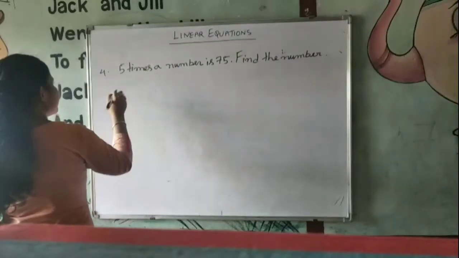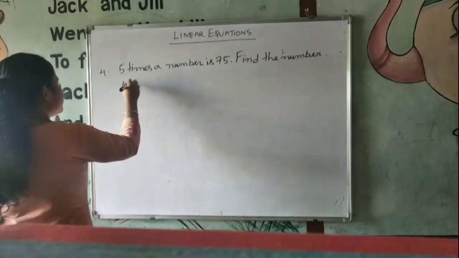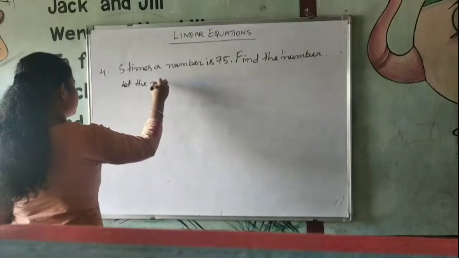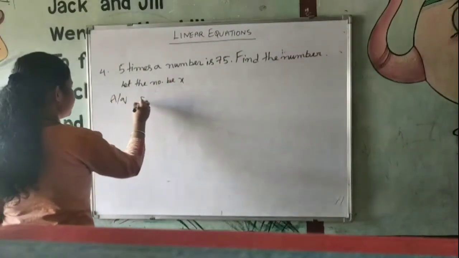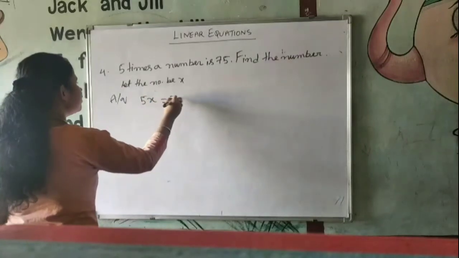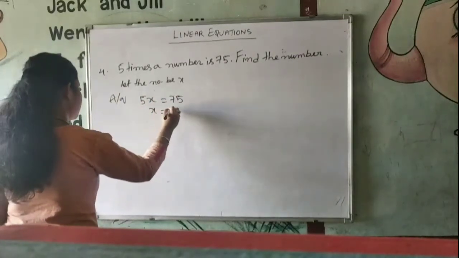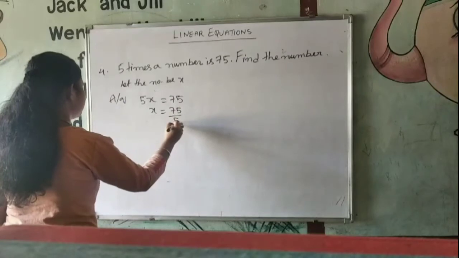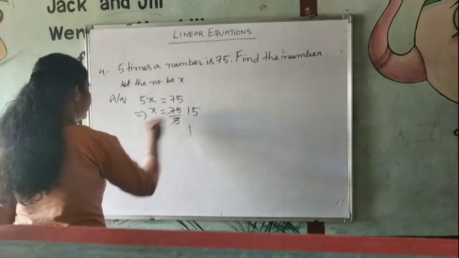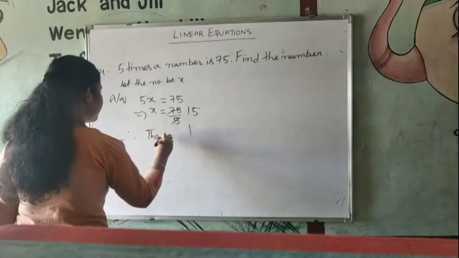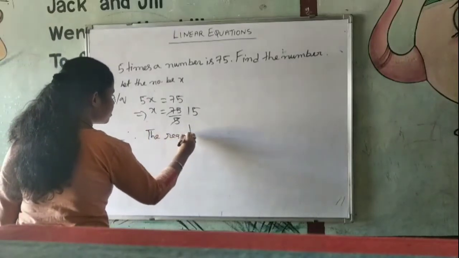Therefore, 5 times what you will write, let the number be x. So it will be according to the question. 5x is 75. So 5 1s are 5, 5 2s are 25. Therefore, the required number is 15.